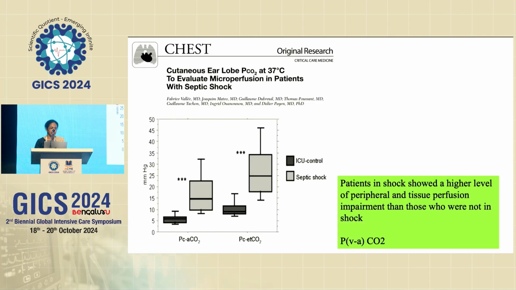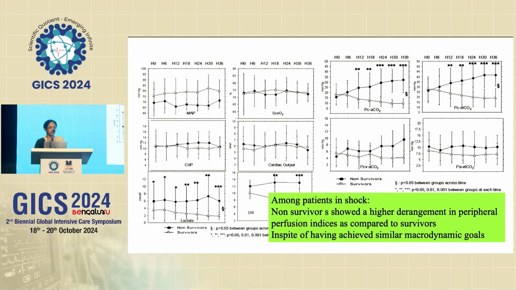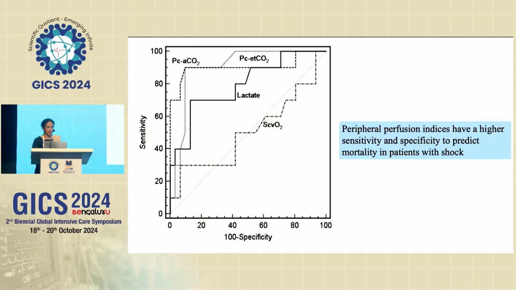And what does the evidence say? It says that patients in shock showed a higher level of peripheral and tissue perfusion impairment than those who were not in shock. And among survivors in shock, non-survivors tended to show much higher derangement in peripheral perfusion indices as compared to survivors. This is in spite of having achieved a similar kind of macrodynamic goals.